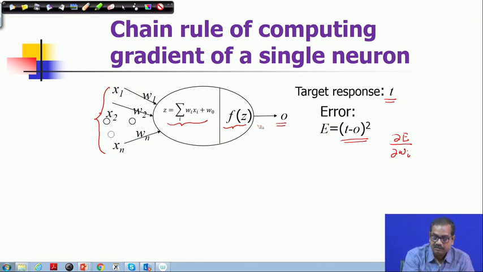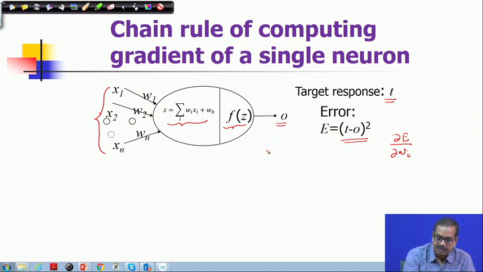We need to find out that gradient, how this particular response varies, how it is affecting this error. We should move in the direction which will minimize the error. That is the steepest gradient direction. So, how do you compute it?